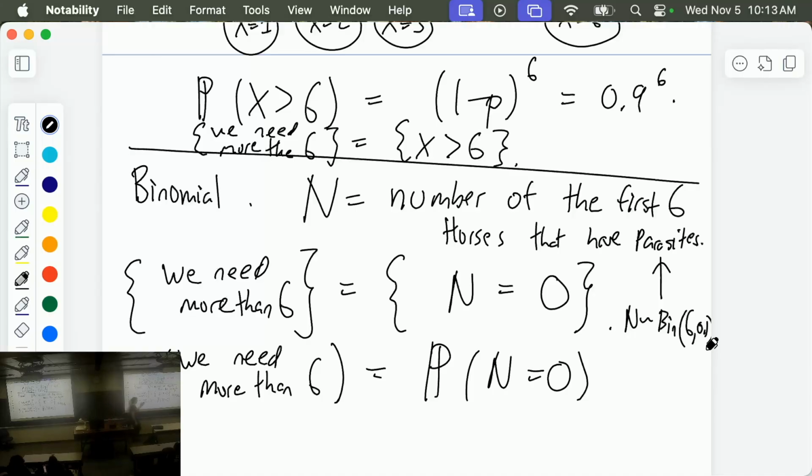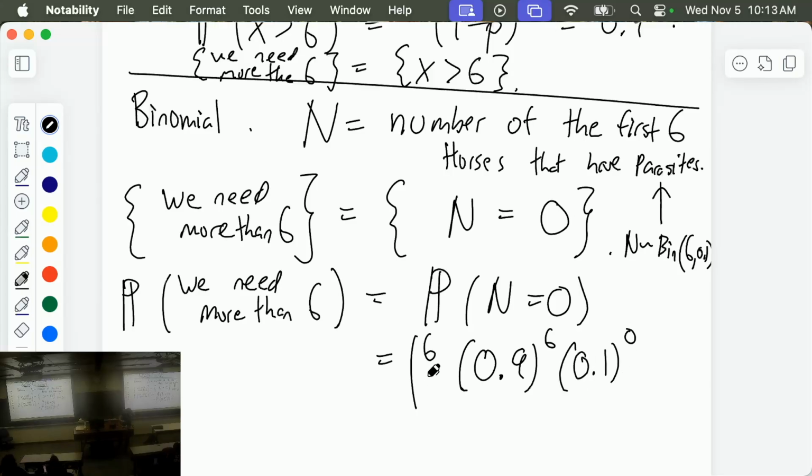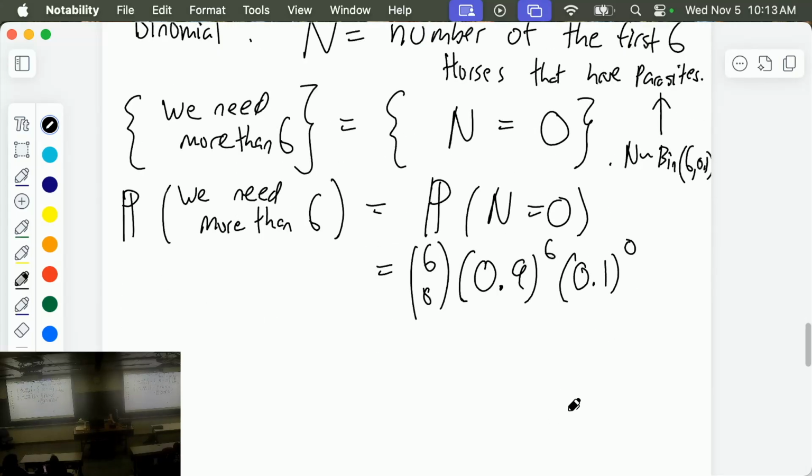For a binomial to be 0, all 6 horses have to work out to no parasite, no parasite 6 times. So you have 0.9 to the power 6, 0.1 to the power 0, and a 6 choose 0, if you're using your sheet. 6 choose 0 is 1, 0.9 to the power 6 is what it is, and 0.1 to the 0 is also 1. So you get the same answer as before using a binomial rather than a geometric.